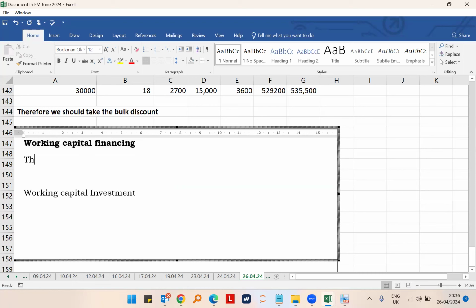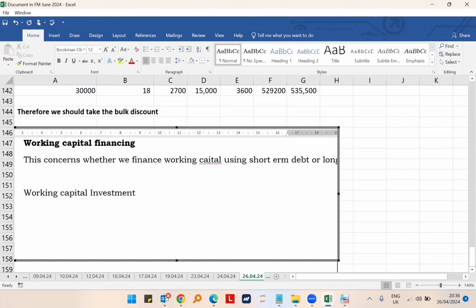This concerns whether we finance working capital using short-term debt or long-term debt. That's what financing is about in this case, working capital.